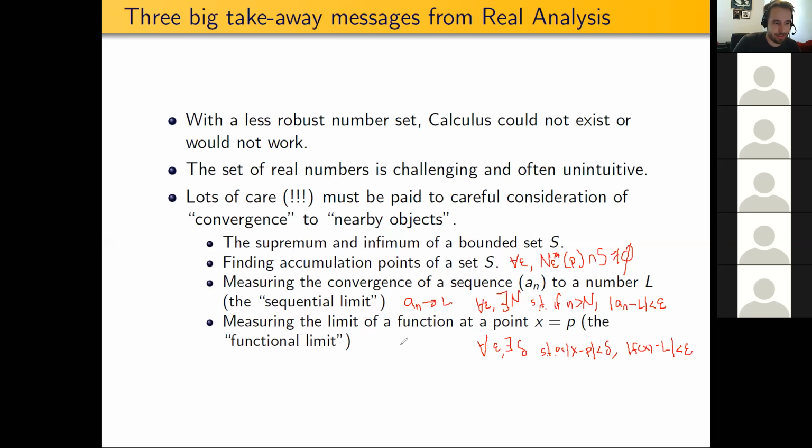And so that was the more rigorous way to say that the limit as x goes to P of f of x is equal to L. Right, so all of these ideas of getting closer and closer and closer to a given point are captured in this more precise mathematical language about saying something meaningful for any epsilon.